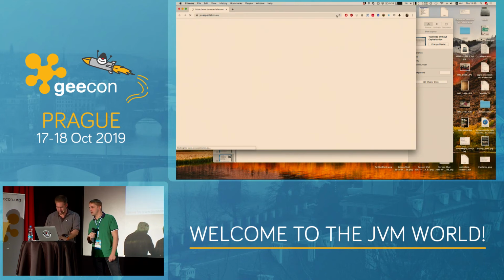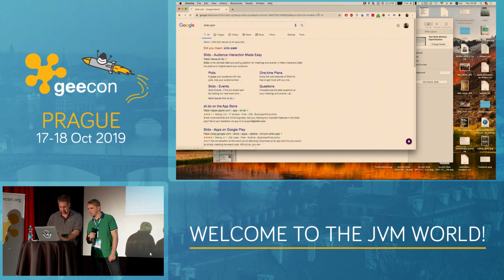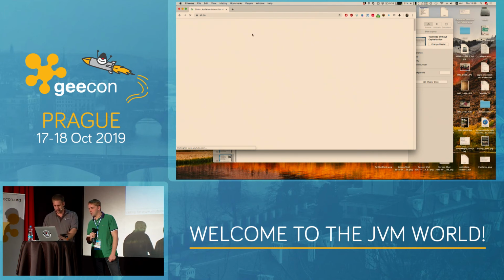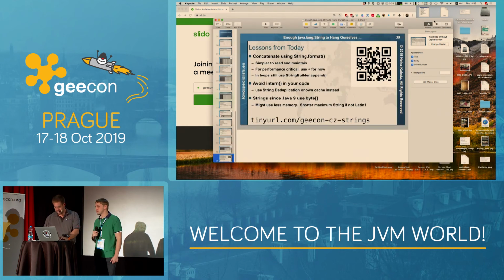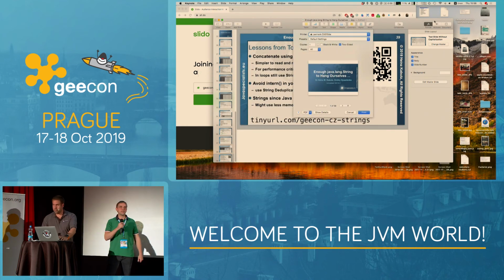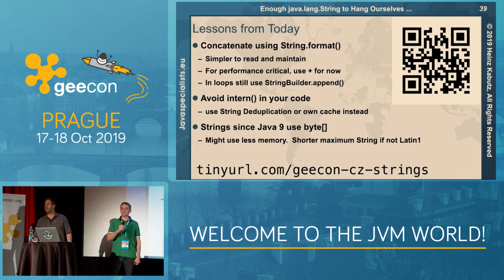Slido.com, and put in GeeCON 2019, and then you select. Now the problem is this is not the wall. Does anybody have live questions? We don't have access to the app, just shout them out. We'll repeat them on the microphone.